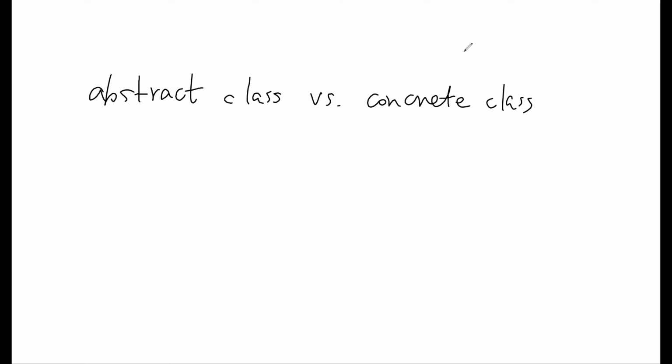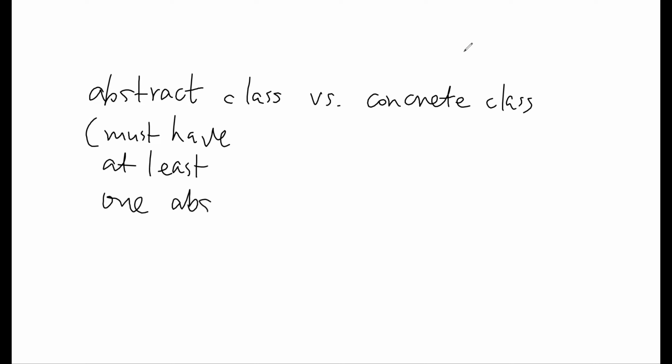An abstract class must have at least one abstract method. And what is an abstract method? An abstract method is not implemented.